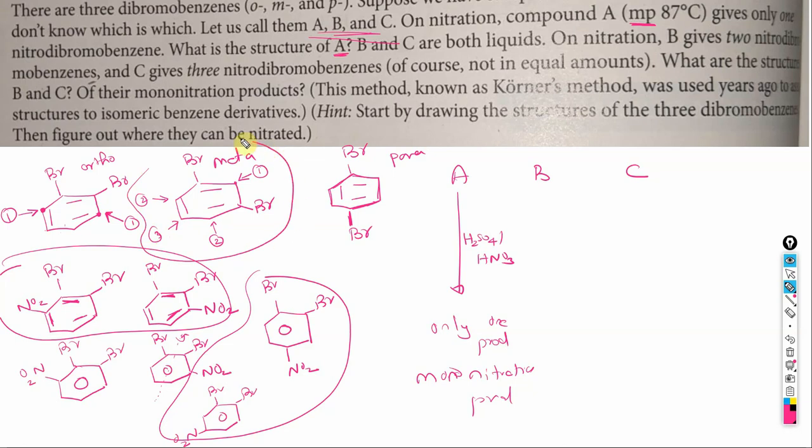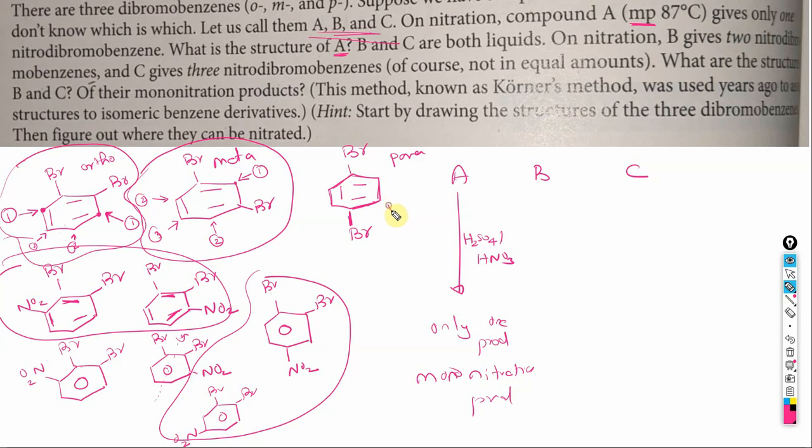Alright, so when you do a mononitration of the meta dibromobenzene, you will get 3 possible mononitro products. If you nitrate the ortho dibromobenzene, you have 2 possible products. So these two are the same carbons, right? Therefore you get 2 possible mononitro dibromobenzene upon nitration of the ortho dibromobenzene.